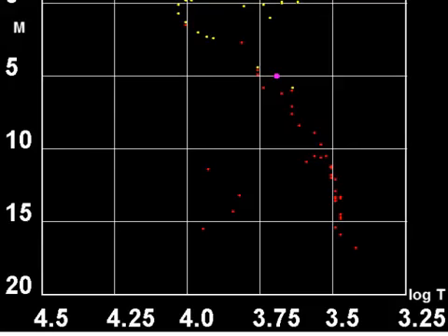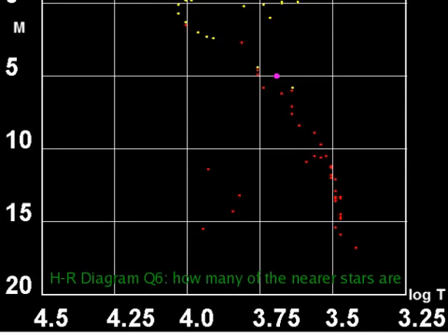Okay, in this HR diagram, question 6: How many of the nearer stars are cooler than the sun?